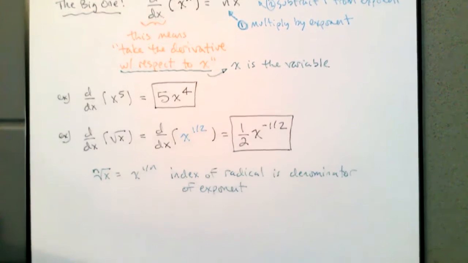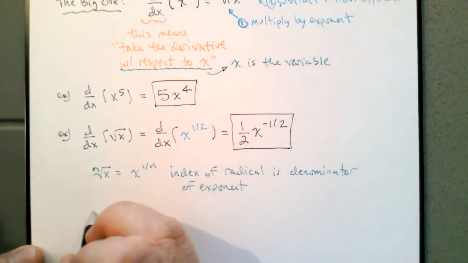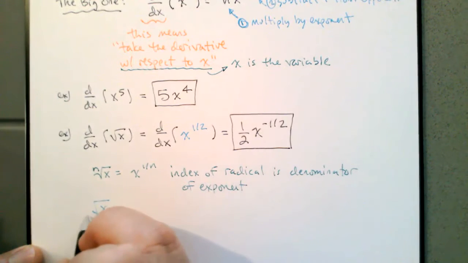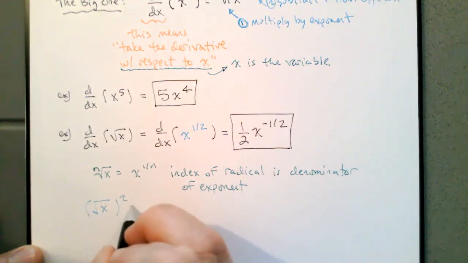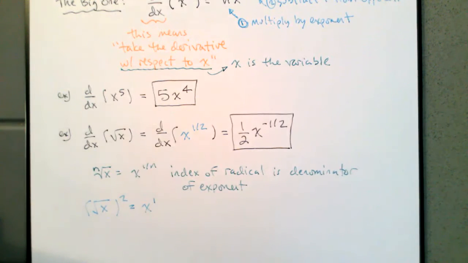It must be this way because if I take a square root of x and then square it, I'll end up with an x to the first. We know that a square root of x squared is equal to x, to the first power.